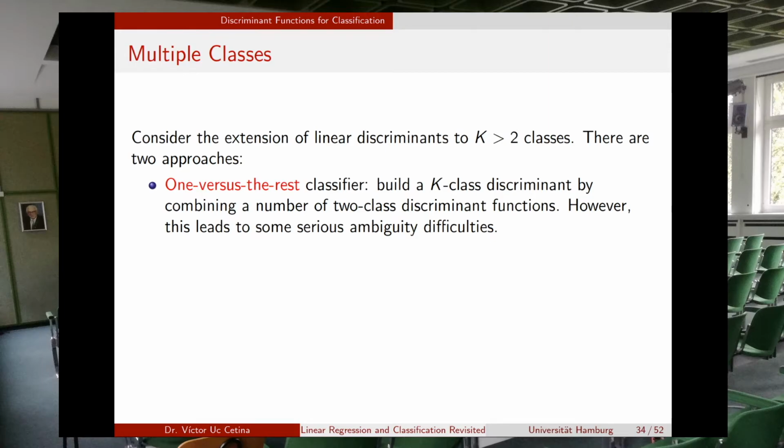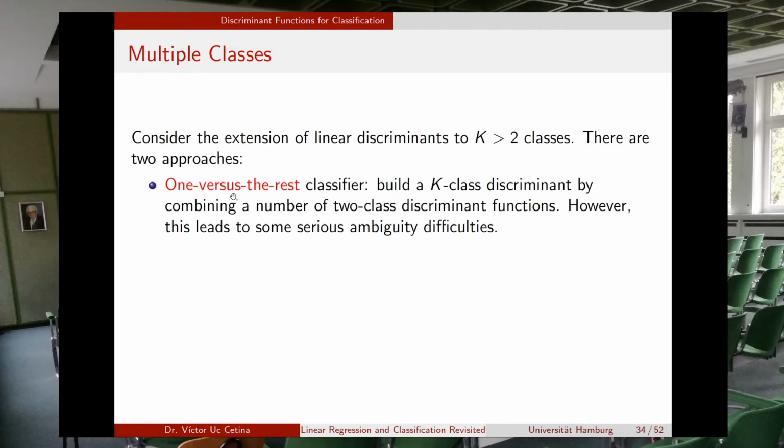Suppose that you want to program a classifier of digits. We have 10 digits. Then you will need to create 10 discriminants, one discriminant for each of the digits. And then you can train these K discriminants, taking examples of one of the classes versus the other.